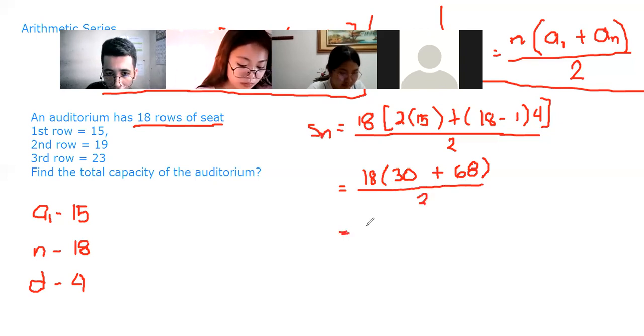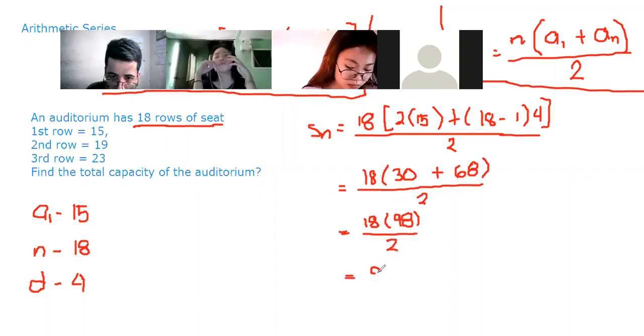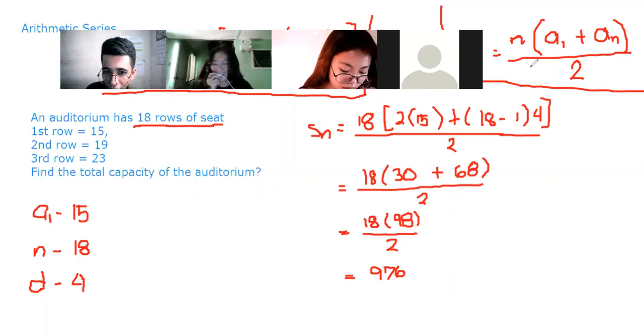So 18 times 30 plus 68, 98. What is 98 times 18? 1,764. 1,764 po.